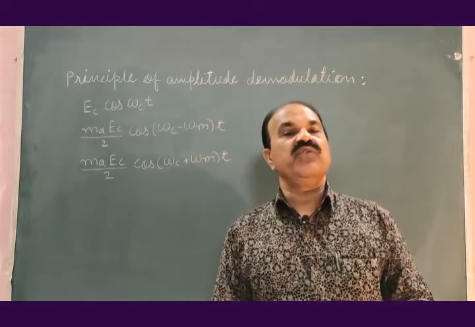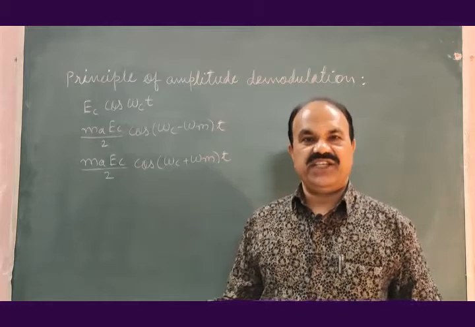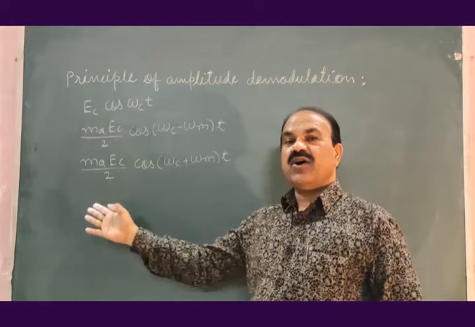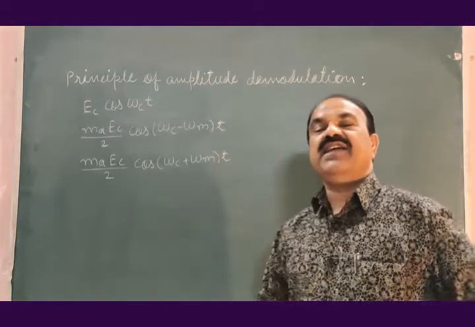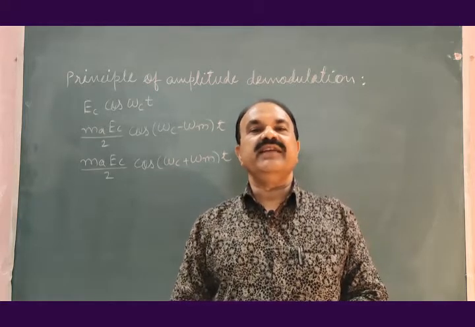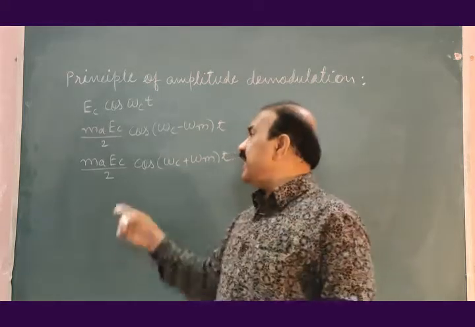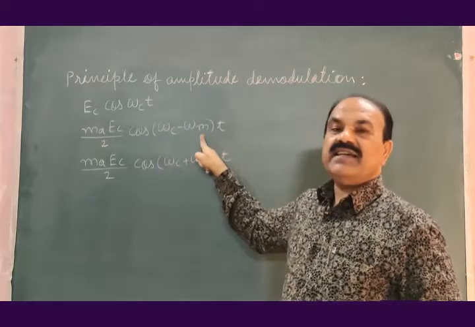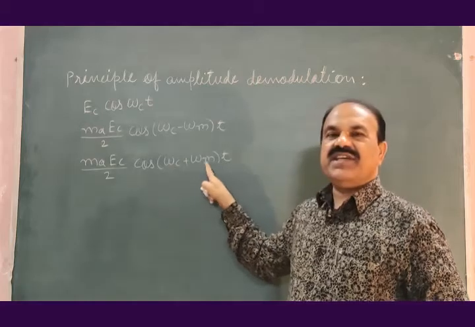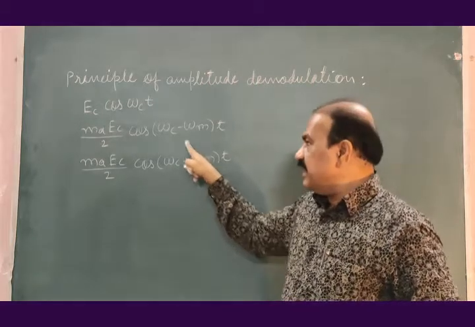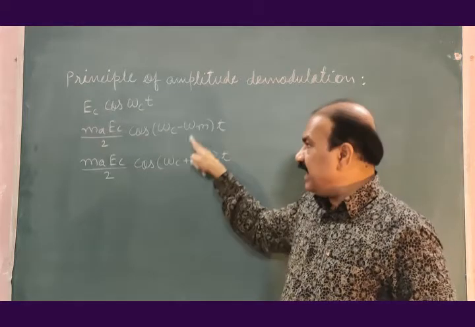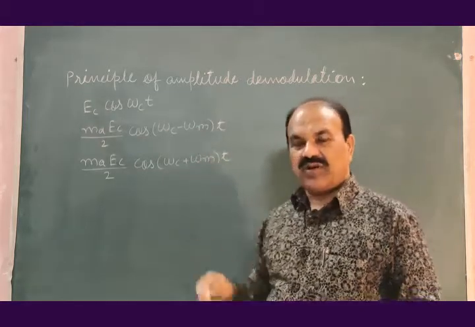Depending on how you have connected the diode in the circuit, it will provide you either the lower sideband or the upper sideband at the output. And the output will have the lower sideband with this frequency and this frequency, or the upper sideband with this frequency or this frequency. This frequency is very, very large. Comparatively, this frequency is very small.